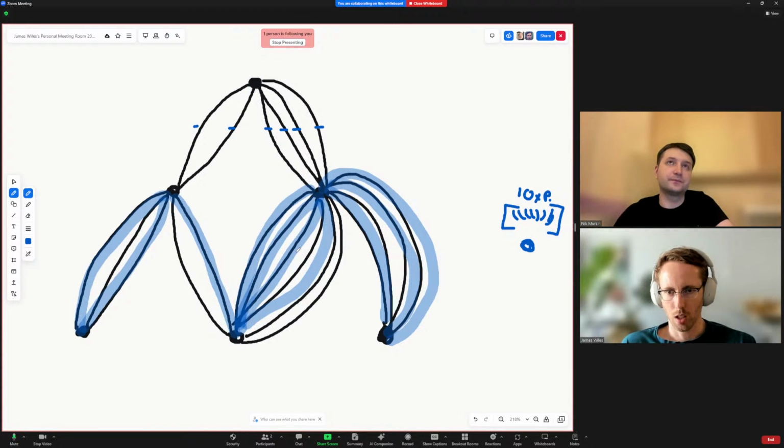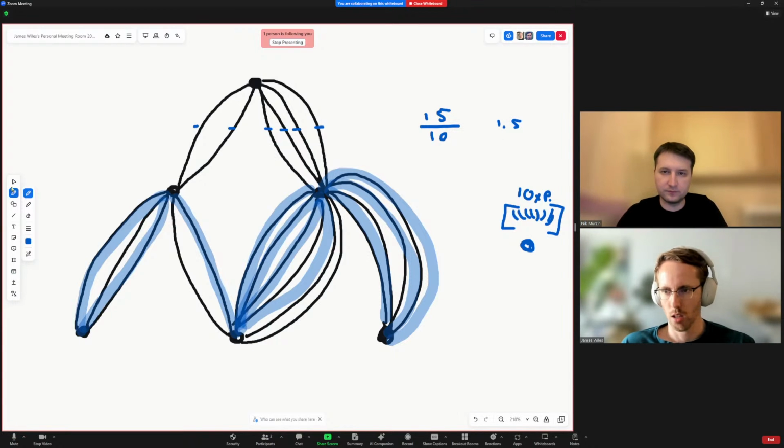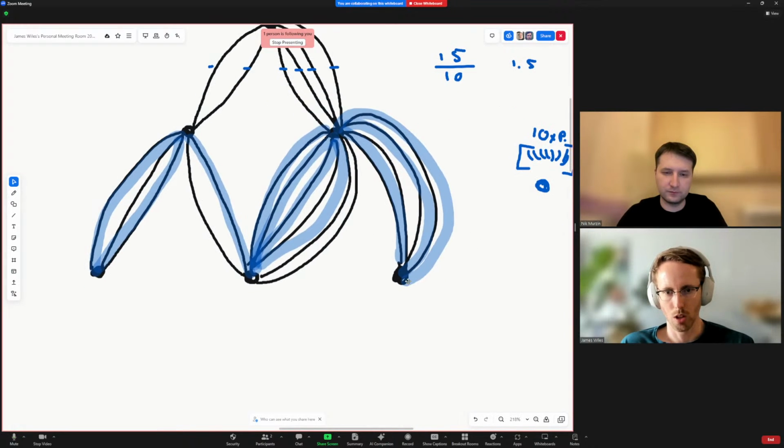Now here's where the mathematics comes in, and again, I'm going to try to think in terms of numbers, so this might be tricky. But if there are 15 paths here, and the observer only sees 10, then if you do the maths and say 15 over 10, you're getting a 1.5 kind of value on each of these paths.